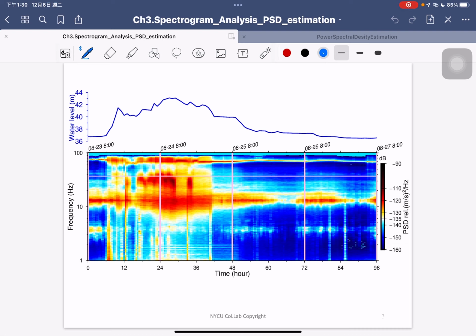We can only apply the method taught today, the power spectrum density analysis, especially for longer data like the example shown here, which is 4 days of data. In our previous class, we only analyzed quite short data, maybe just 40 seconds, 60 seconds or 100 seconds. So the time scale is quite different today. Today we analyze data longer than 1 day, and we use the 4-day data to do the time frequency analysis.